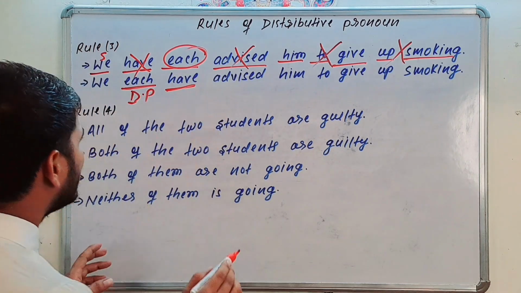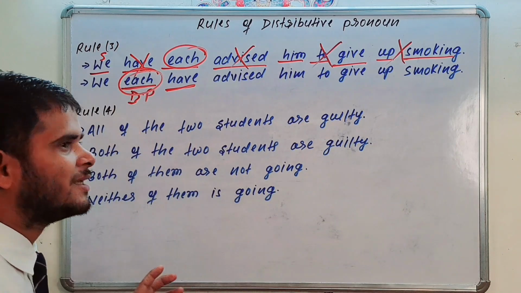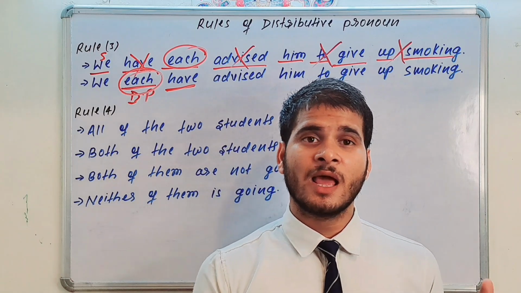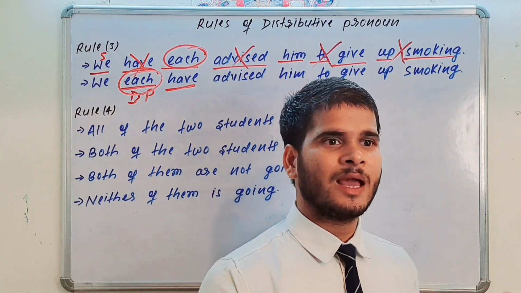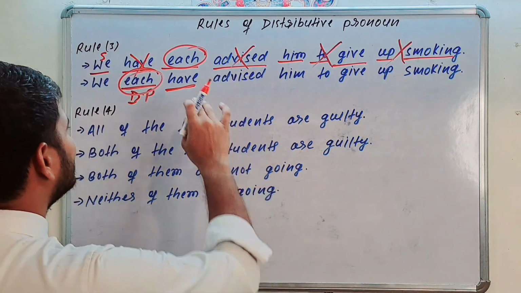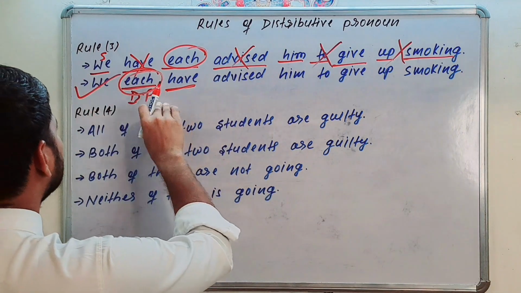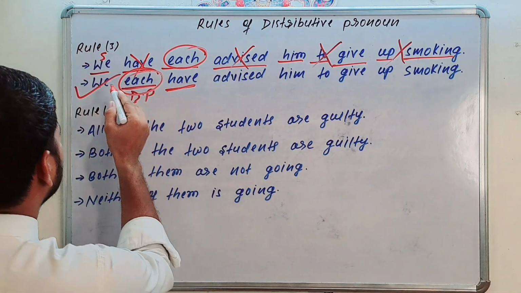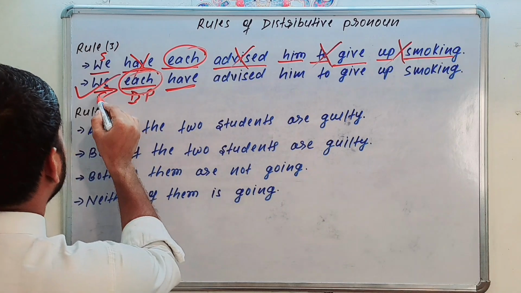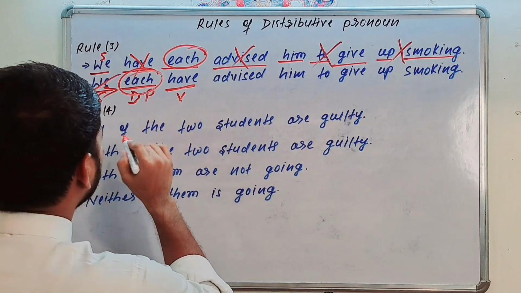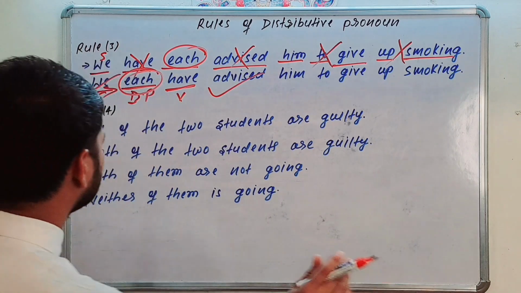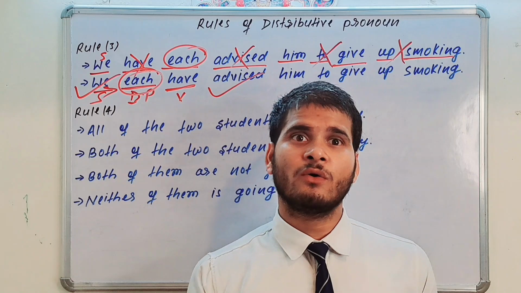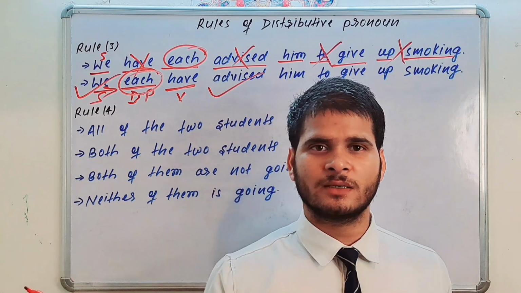If each is used for the subject, then it should be just after the subject and before the auxiliary verb, and here it is. So this sentence is right. And in this type of sentence, the verb is always used according to the subject. Keep that in mind.